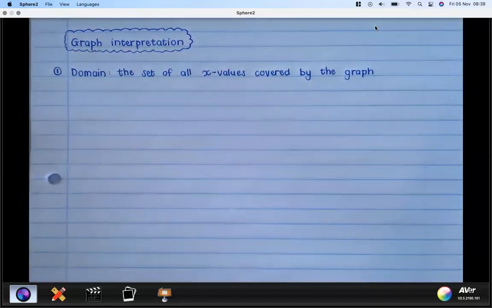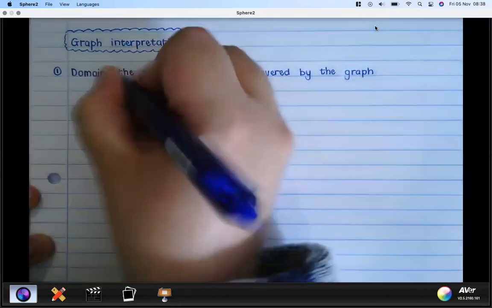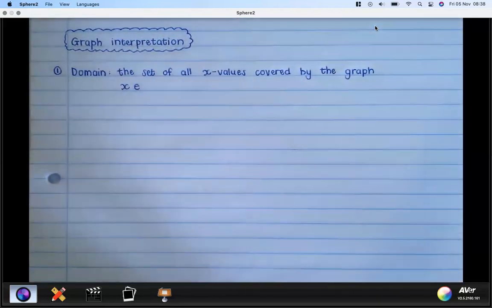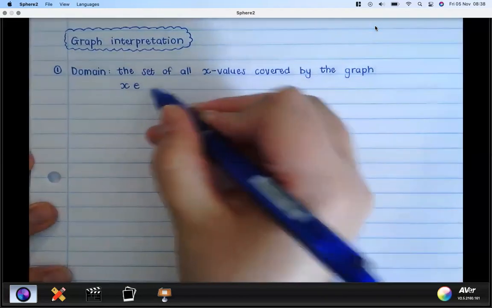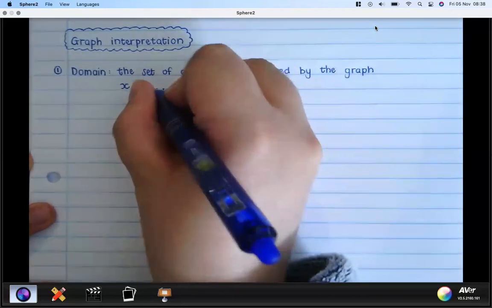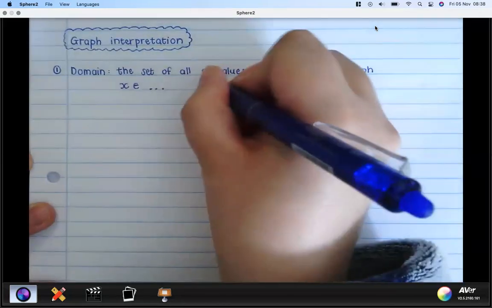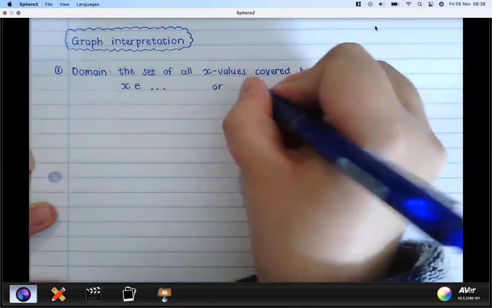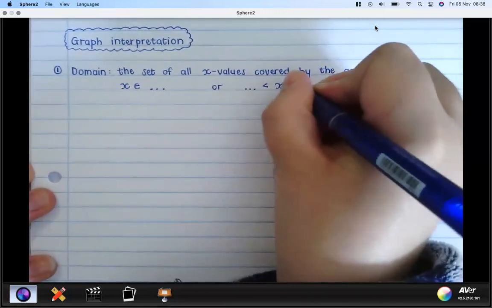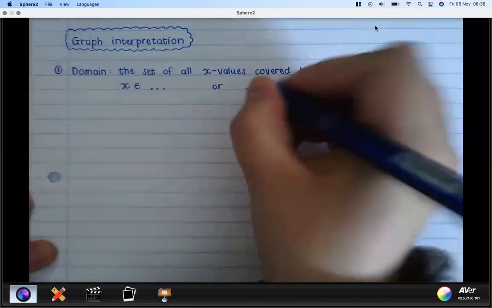Okay, now when you're writing your answer, you'll say x is an element of, and then it depends on the situation. You can either use round brackets or square brackets. So you'll put your values. We'll look at an example now, or you can write it as a value and then smaller than or equal to, and then you have your x and then your other value.